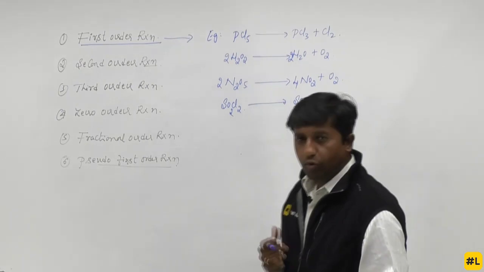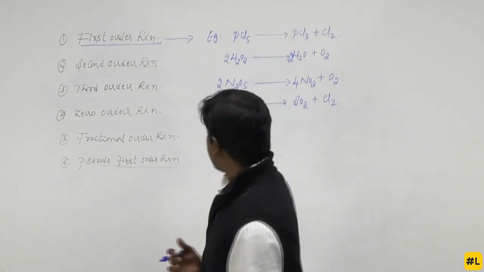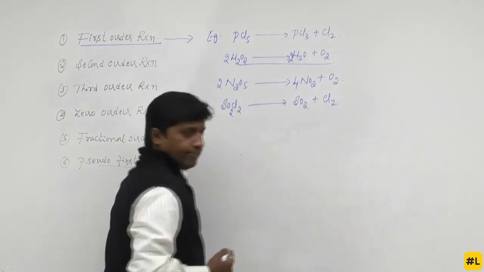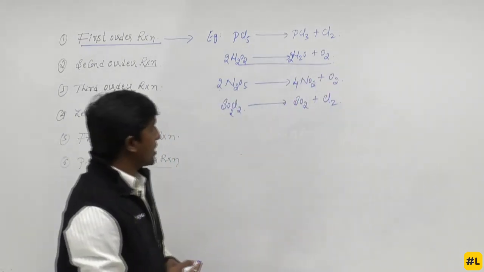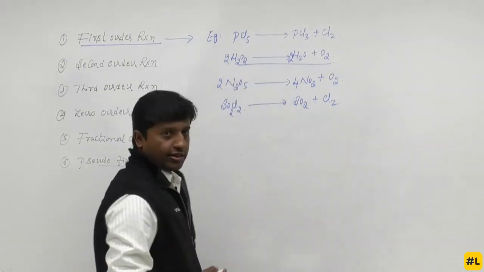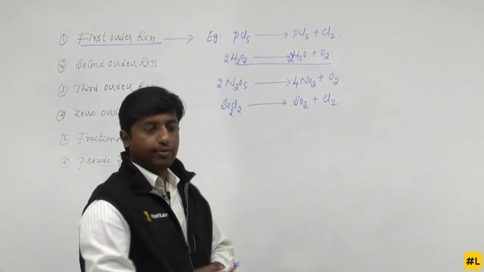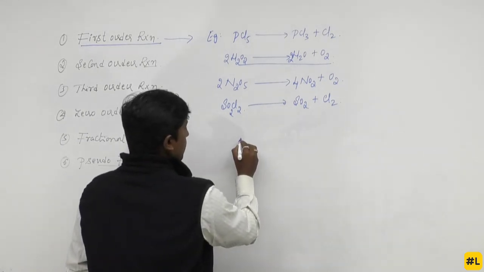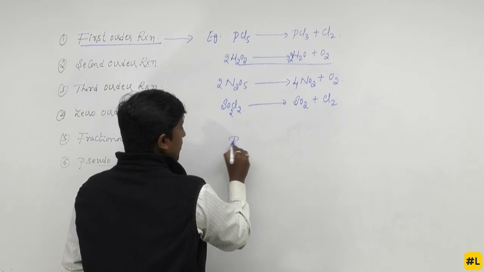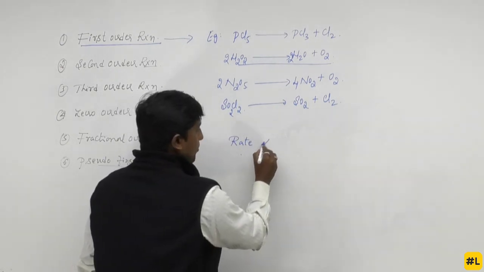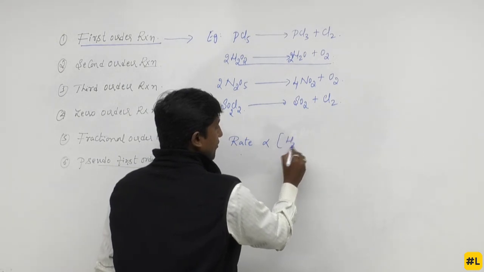Now, let us study what is this first order reaction. I take one example here, particularly hydrogen peroxide, to make you understand what is first order reaction. Let us write the rate equation for this particular reaction. If I want to write the rate equation, we know that rate of a reaction is directly proportional to the concentration of reactant.